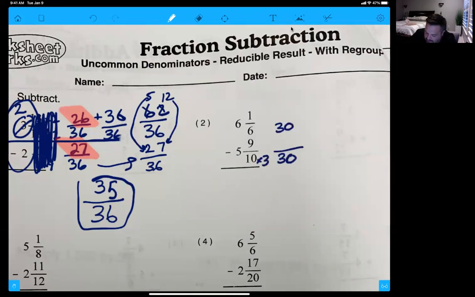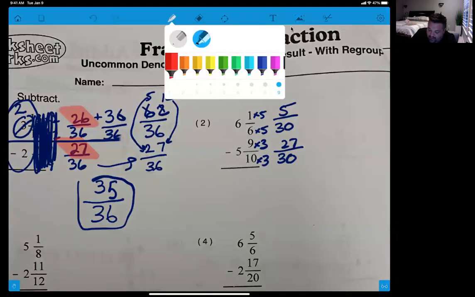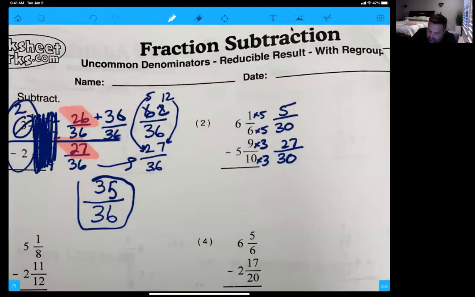This was times 3, so this would be times 3, 27. This was times 5, so this will be times 5, which is a 5. Here's our problem. 5, I'm going to highlight it so you can see it. This 5 can't be subtracted from this 27.